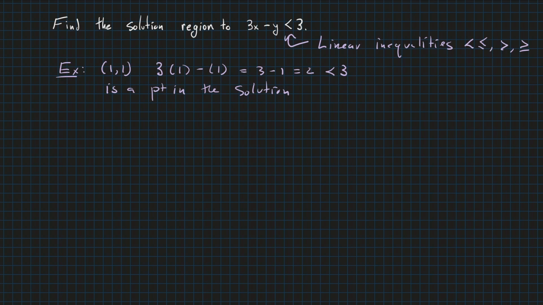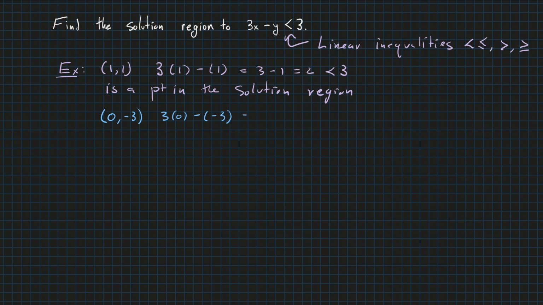If we try another point, say 0 comma negative 3, plugging that in, we get 3 times (0) minus (negative 3). The parentheses here help us keep track of what we plugged in. It also helps with this double negative.